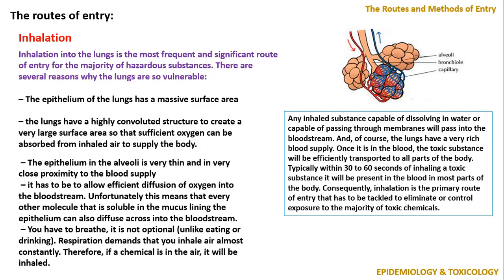The epithelium in the alveoli, like we can see in the picture, is very thin and is in very close proximity to the blood supply. It has to be, to allow efficient diffusion of oxygen into the bloodstream. So this means that every other molecule that is soluble in the mucous lining of the epithelium can also diffuse across into the bloodstream.